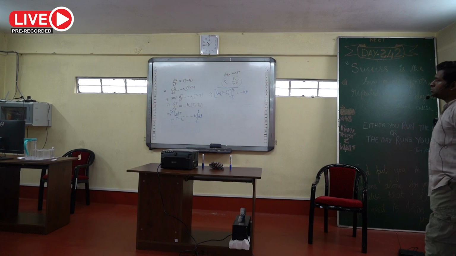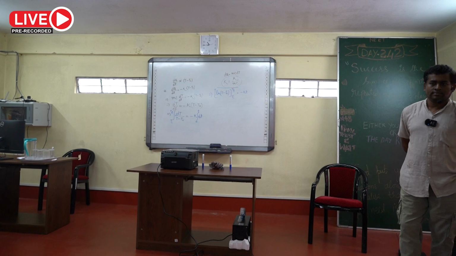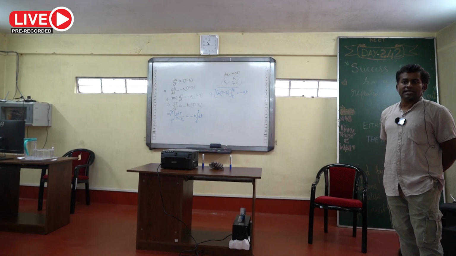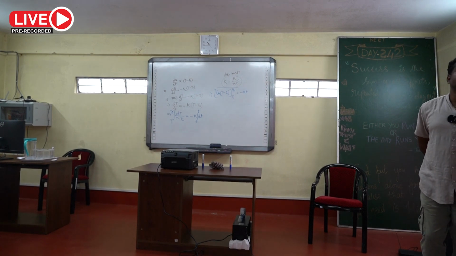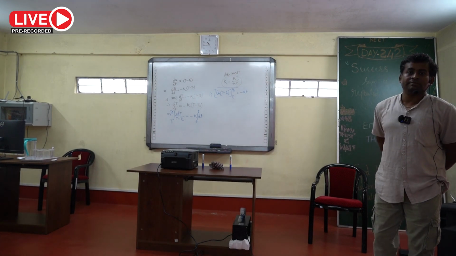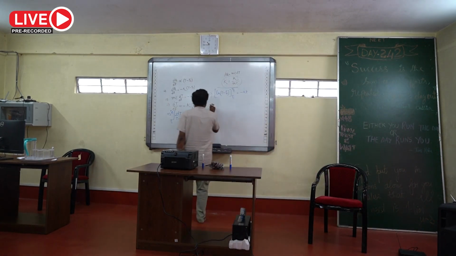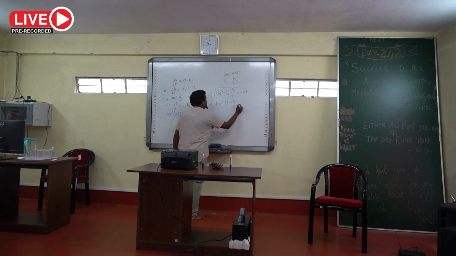The integration of dT by T minus T0 will be log of T minus T0, where this log means the natural log, meaning the base is e, not 10. Then you can write this as log of Tf minus T naught divided by Ti minus T naught equal to minus kt.